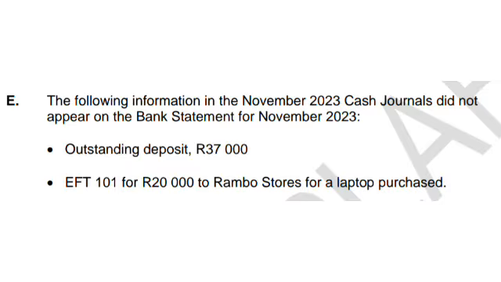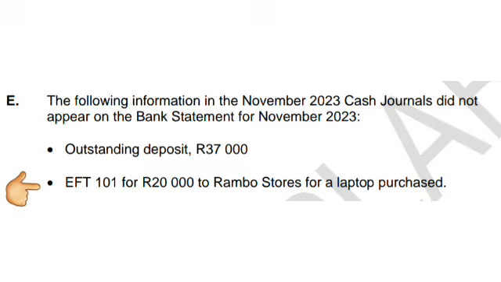So we are going to use information E. It says the following information in the November 2023 cash journals did not appear in the bank statement for November. So basically we are saying our cash journals in this scenario are perfect, meaning this outstanding deposit of 37,000 was already included in the provisional total that we saw for the cash receipts journal, and the EFT 101 for 20,000 to Rambo stores for a laptop purchase.